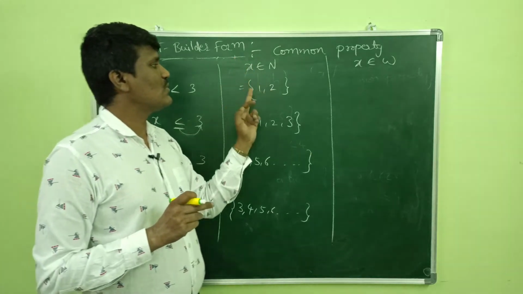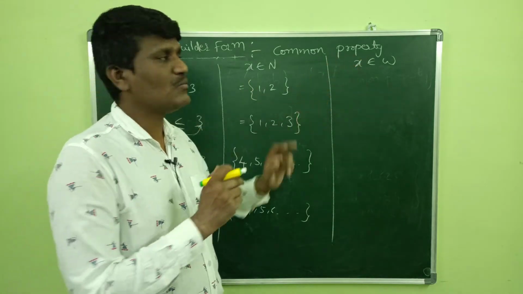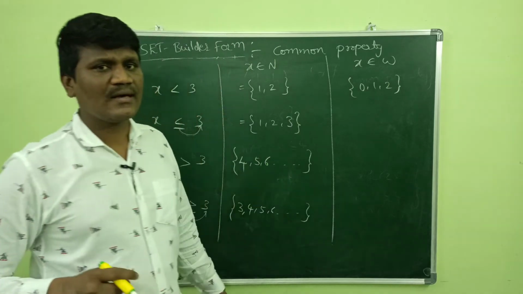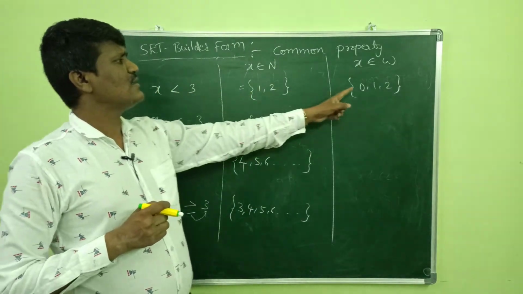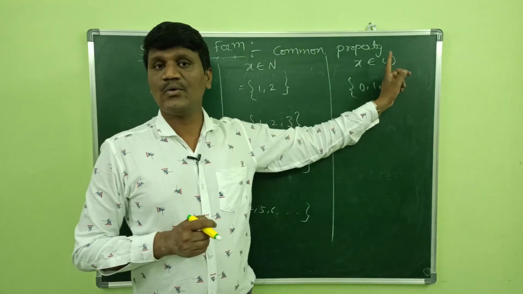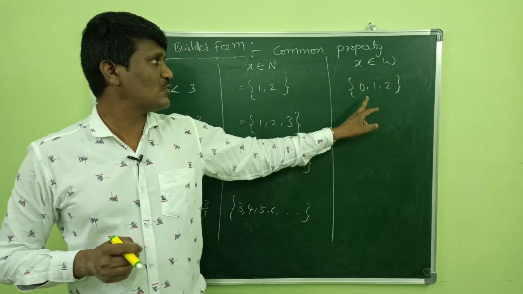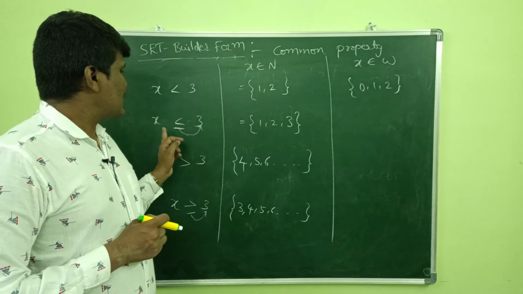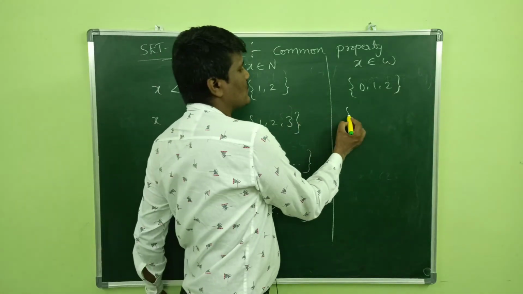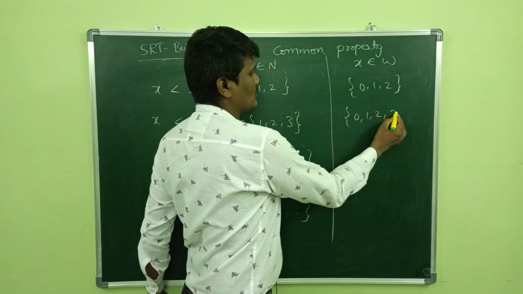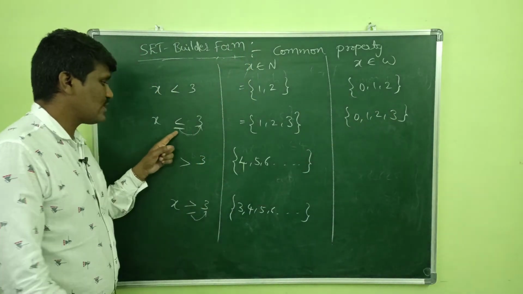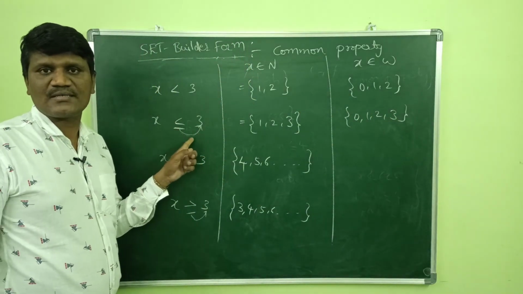If it is a natural number, this is a value. If it is a whole number, you should take 0, 1, 2, because x less than 3, and x is a whole number, it starts from 0. If it is x less than or equal to 3, I should take 0, 1, 2, 3 also, because the equal to symbol is there.